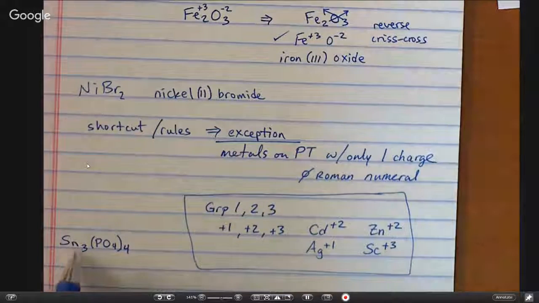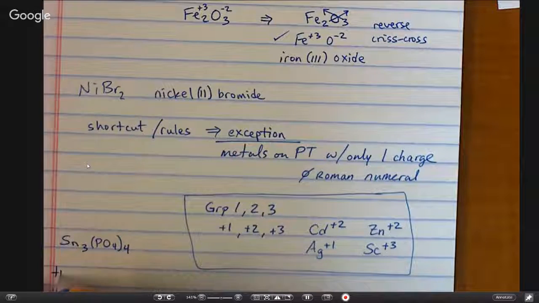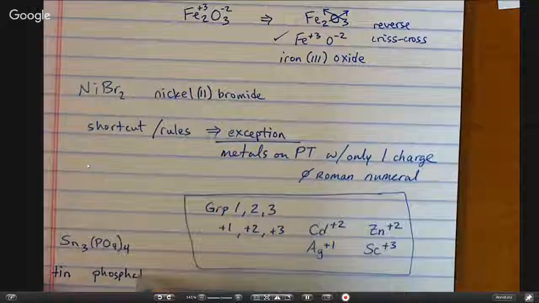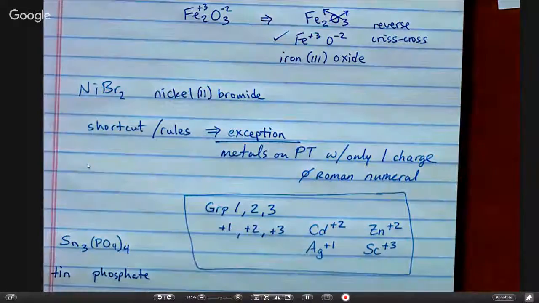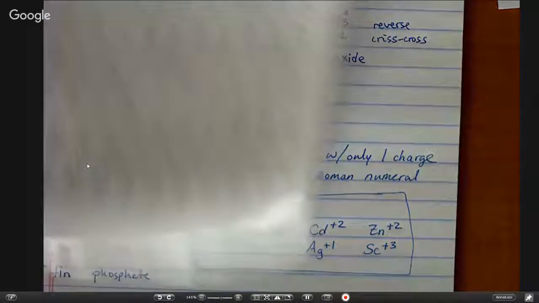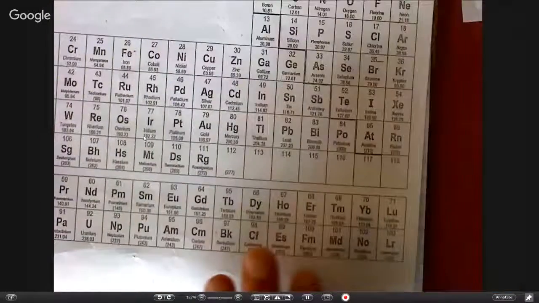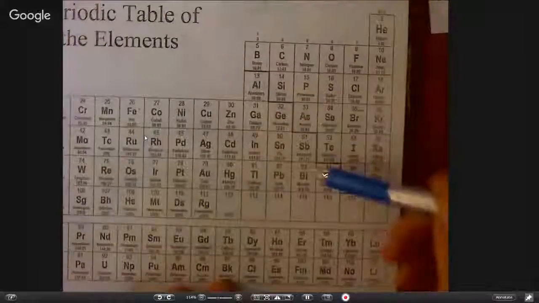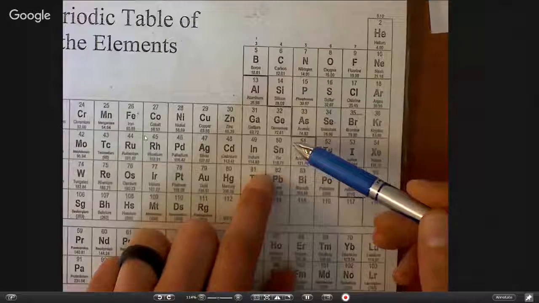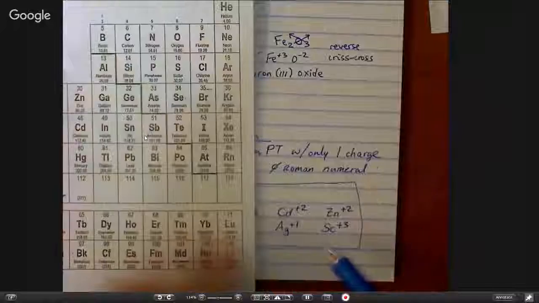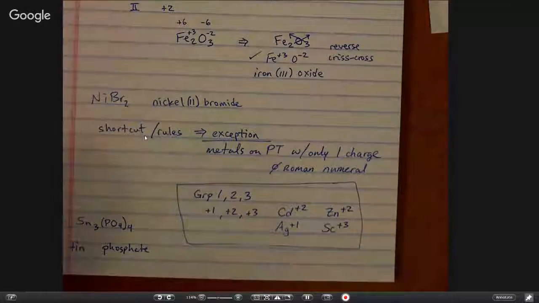Let me pause. So Sn is tin, PO4, phosphate. And our question is, is tin one of our exceptions? So we look on a periodic table. Okay, and tin is right here. Tin is in group 4. Well, group 4 is not one of our exceptions, and it's not one of the other 4 there. So therefore, it gets a Roman numeral because it can have more than 1 charge.